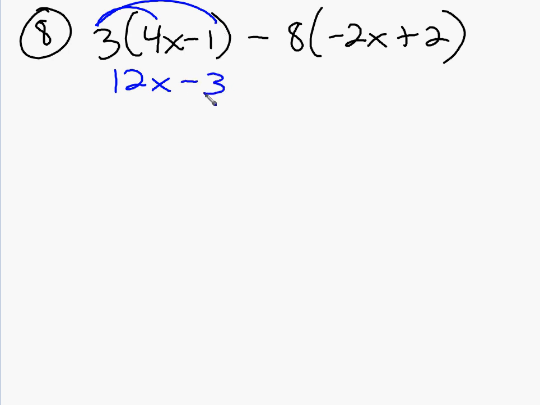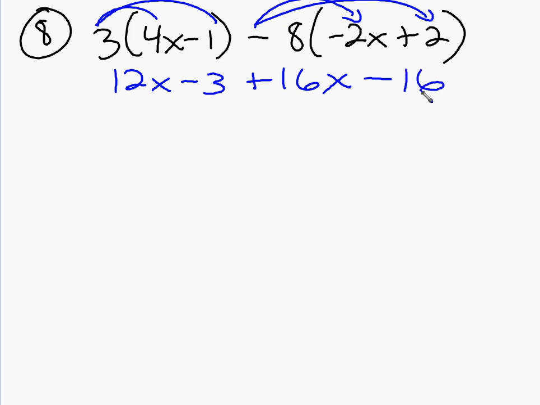Now I want you to see if you can do the second half. So the second half is negative 8 times negative 2x, which is positive 16x, and then negative 8 times positive 2, which is negative 16.